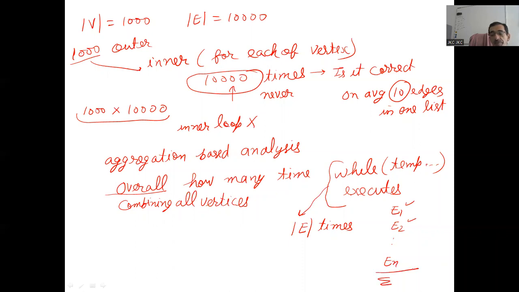The summation of this will be the maximum execution, and this summation is exactly equal to the total number of edges in E, that is the cardinality of E. So effectively, irrespective of the outer loop or Q, the total execution is exactly known.